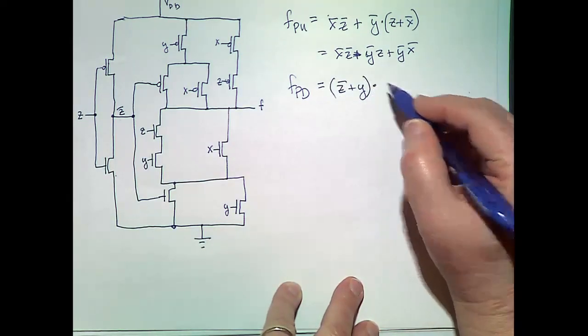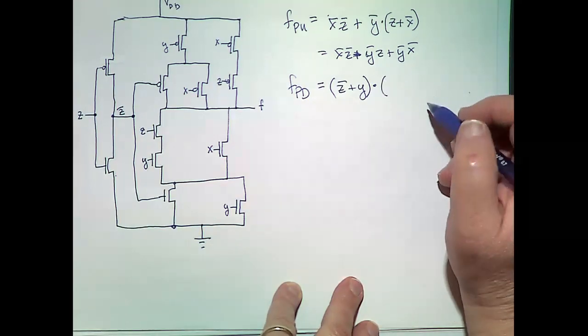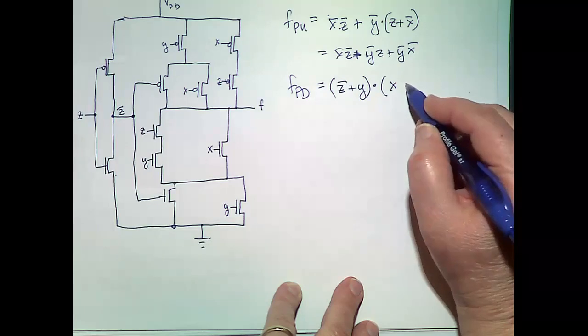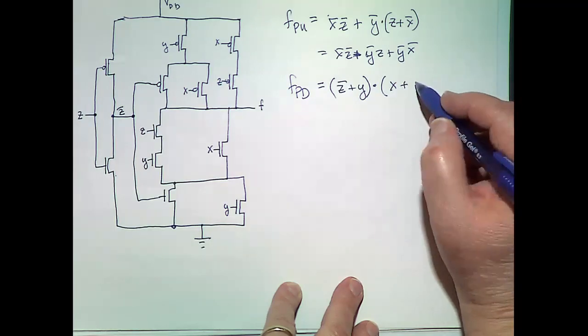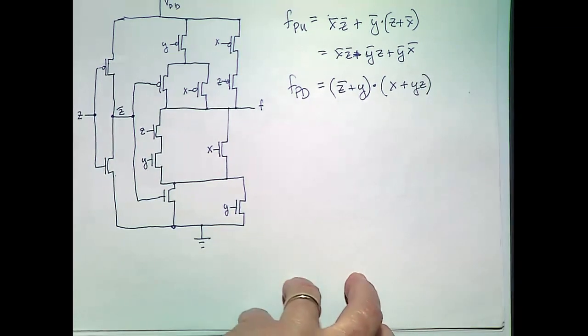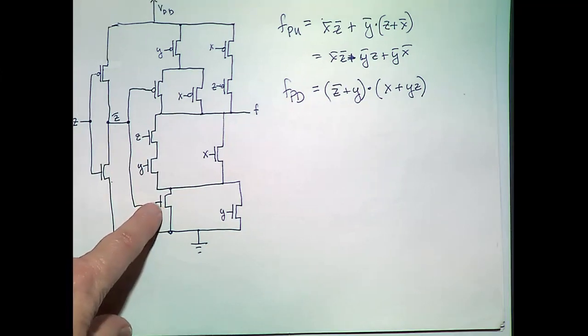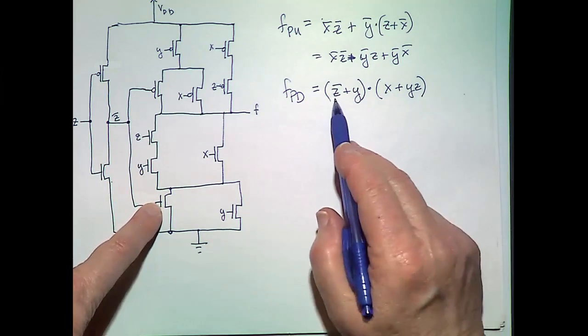And another set of parentheses. X or Z and Y. Okay. Everybody see that? Right? This gate here now is controlled by Z bar, so that's why we have a Z bar here.